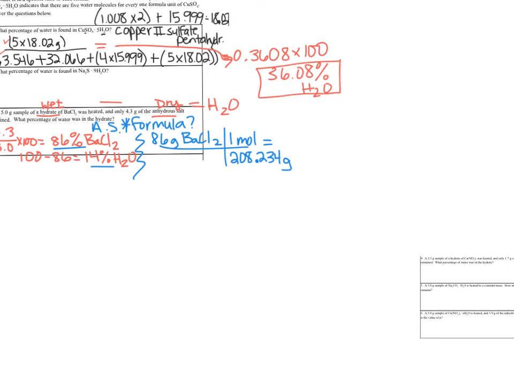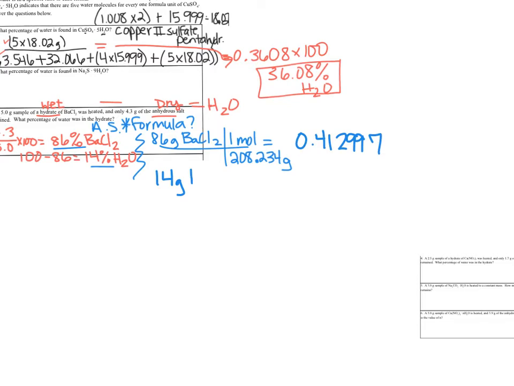Okay, so I'm going to have 86 multiplied by 1, push equals, divide by 208.234, and I get 0.412997. Okay, try not to round too much on those numbers. And then the 14%, we can just assume 100 gram sample, just like in the empirical formula notes.